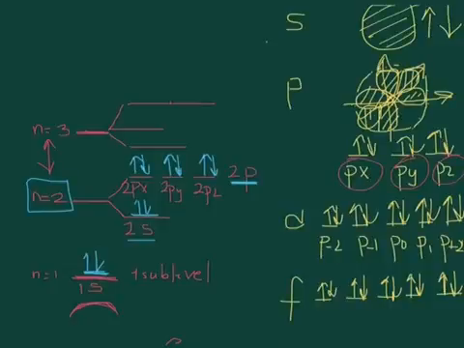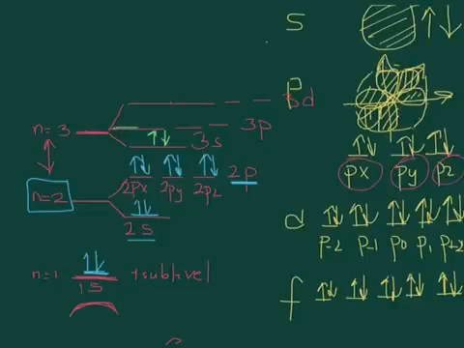The third energy level is made of 3s, 3p, and 3d sublevels. Each of these sublevels contains 2 electrons in 3s.